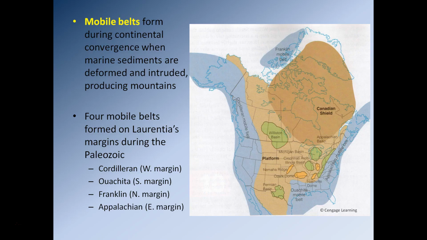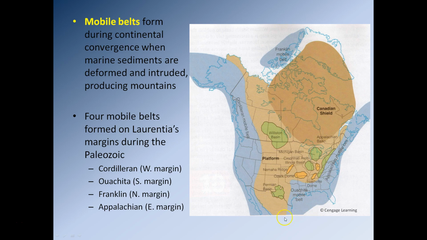Now, another thing that we need to remember is the term mobile belt. Mobile belts form during continental convergence when marine sediments are deformed and intruded, producing mountains. If we look at this map here of North America, what do we see? Well, we have 4 distinct mobile belts that are picked out by this particular diagram. We have the Appalachian mobile belt running down the eastern seaboard.